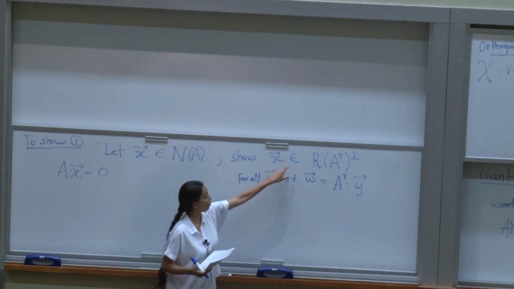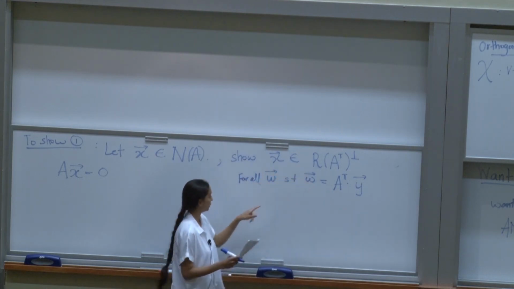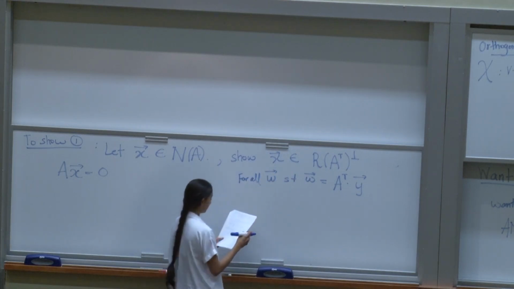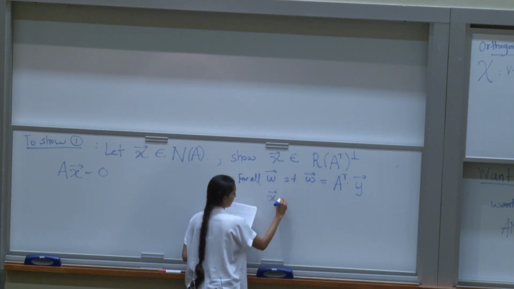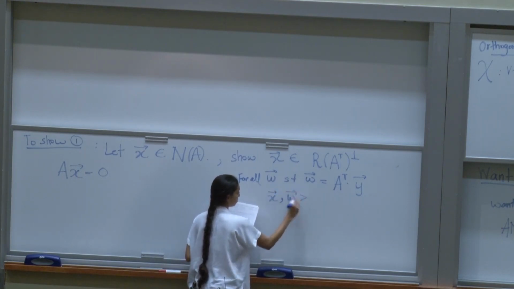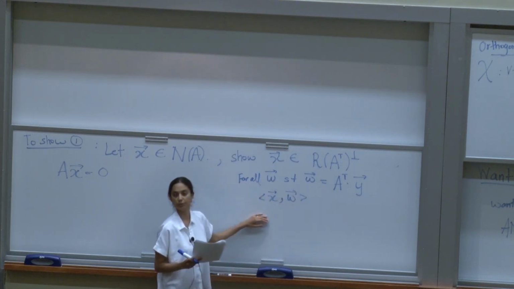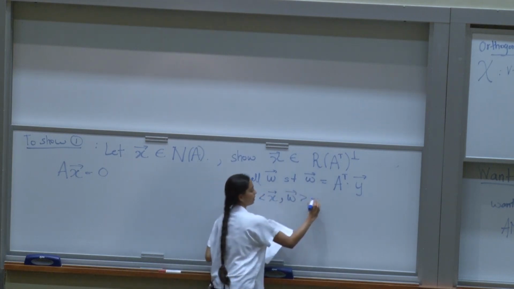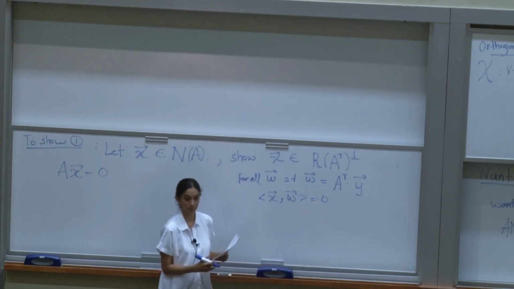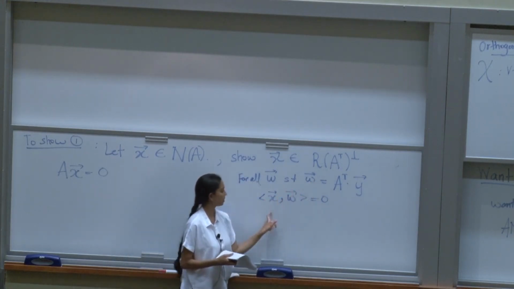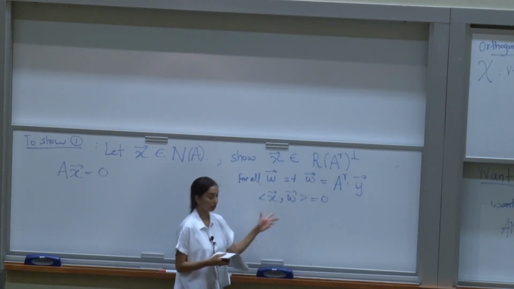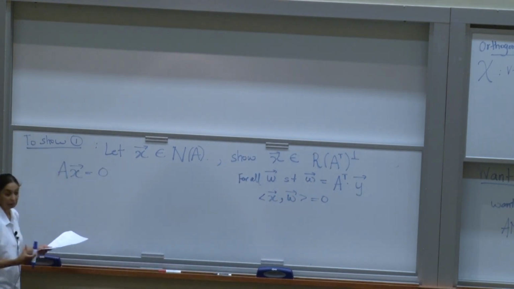And now, if I'm orthogonal to all of these W's, I want to show that x inner product with this W had better be equal to 0, right? This is what I want to show. If x is in the null space, then for all W's of this type, this had better be equal to 0.